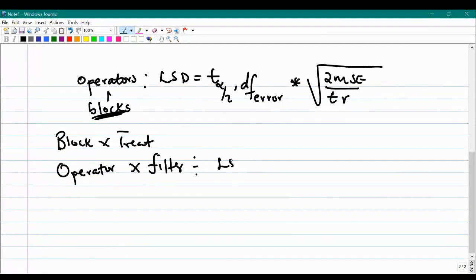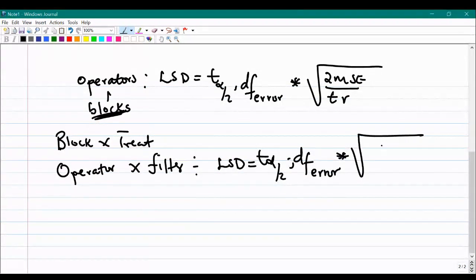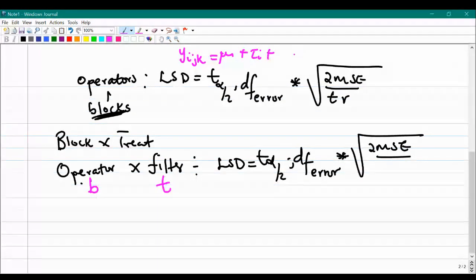The LSD is given by t alpha over 2 with degrees of freedom of error, multiplied by the square root of 2 MSE over, because now we're focusing on the block and the treatment, what is not here is Yijk, the replication.